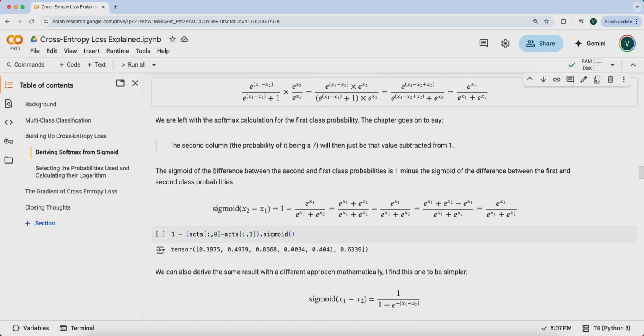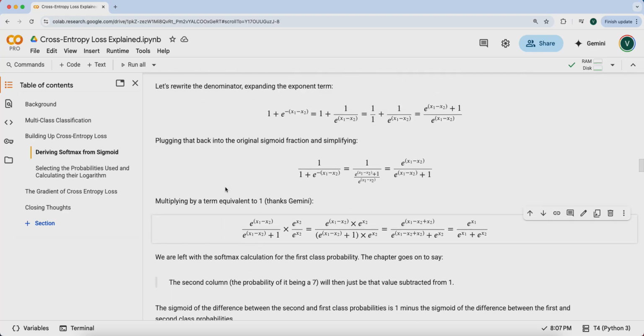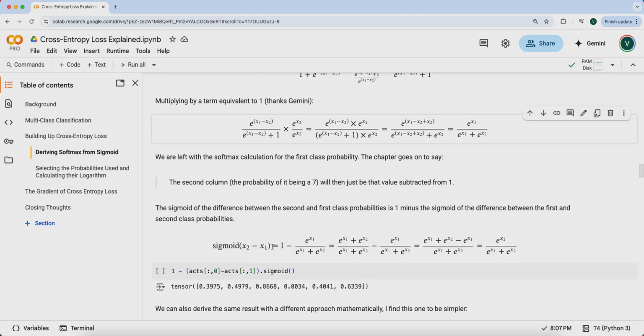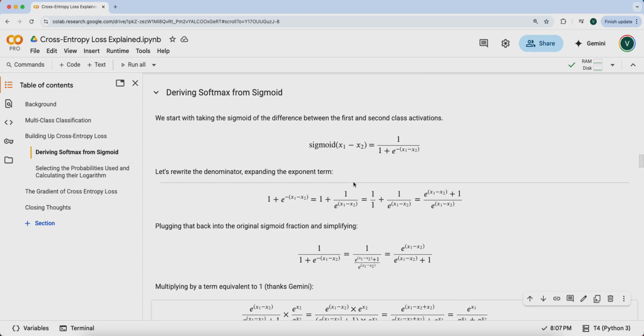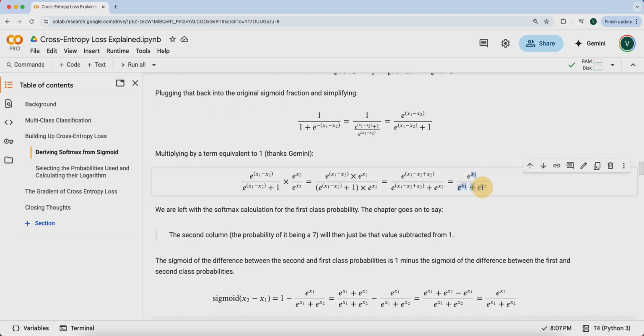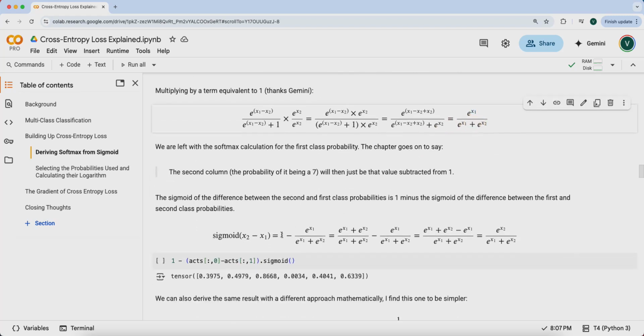The sigmoid of the difference between the second and the first class probabilities is 1 minus the sigmoid of the difference between the first and the second class probabilities. So all of that is to say that sigmoid of x2 minus x1 equals 1 minus sigmoid of x1 minus x2. So I'm taking this value here and I'm subtracting it from 1.